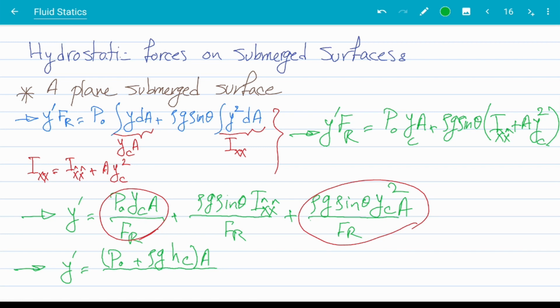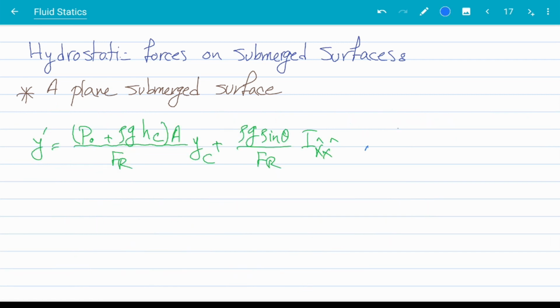Times area over Fr, the entire thing, times yc, plus the other term, rho g sine theta over Fr Ixx. Now remember that Fr, the total force, was P0 plus rho g hc times area, right? So this fraction is 1.